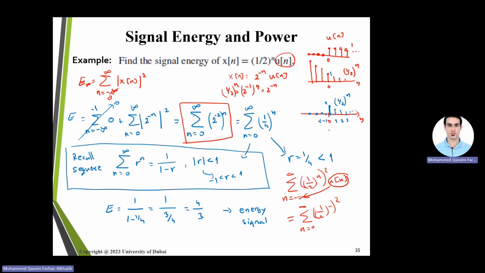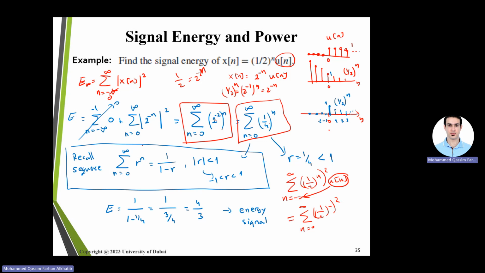One trick here: 1 over 2 equals 2 to the power negative 1. So 1 over 2 to the power n is 2 to the power negative n, squared gives negative 2n. That's going to be 2 to the power negative 2, so 1 over 4, to the n. Now in this one, you just refer to the tables. You start from 0 to infinity.